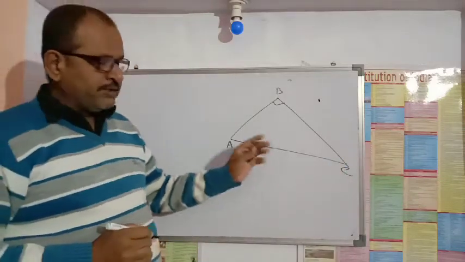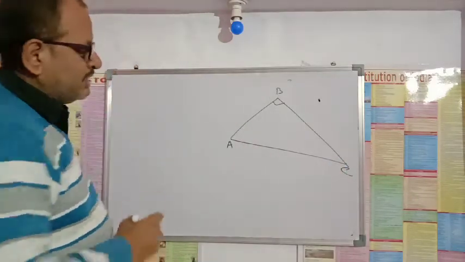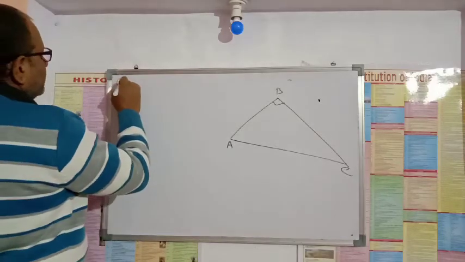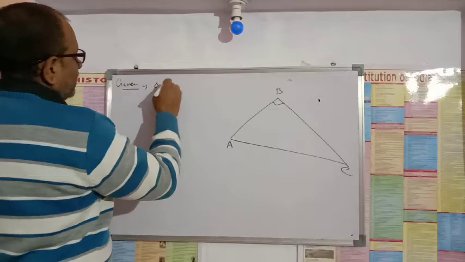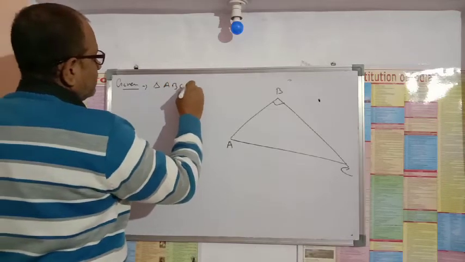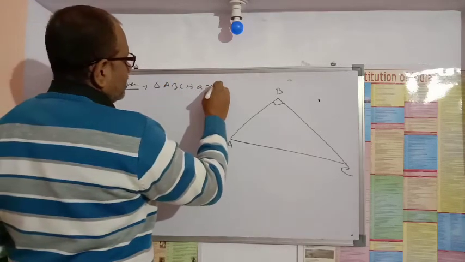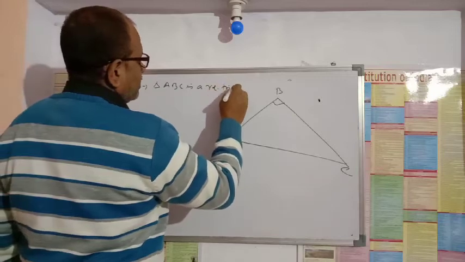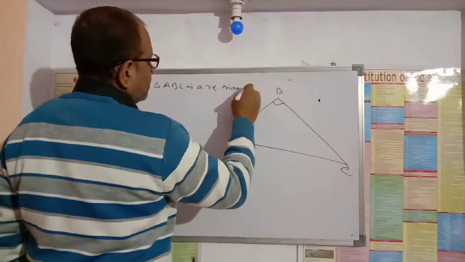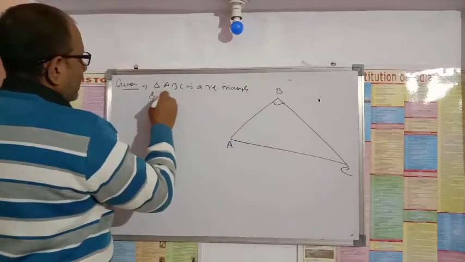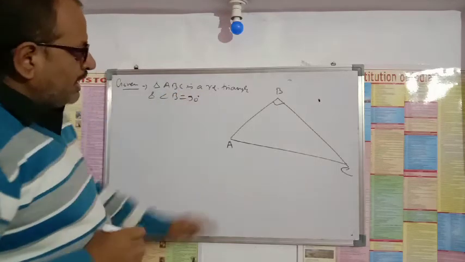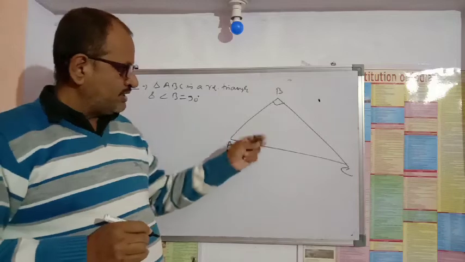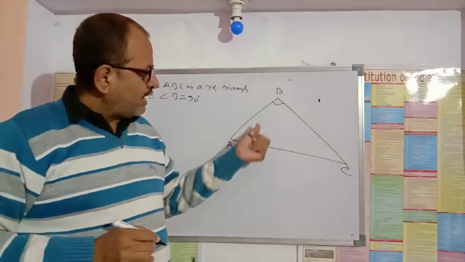Suppose ABC is a given right angle triangle. What is given here? Triangle ABC is a right triangle and angle B is equal to 90 degrees. What we have to prove?